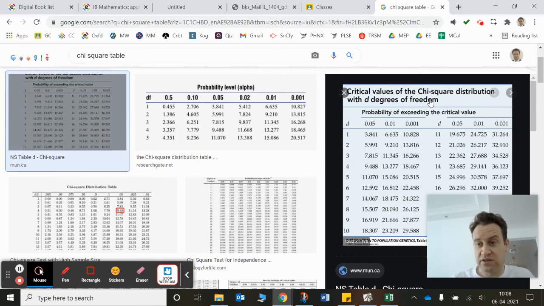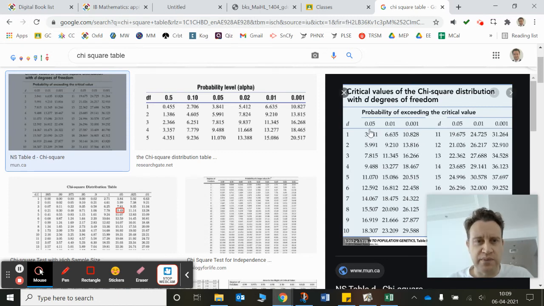So you'd need to think, how many degrees of freedom do we have? And I'll come back to that in a second. And then we need to compare our value to the critical value at a particular significance level as well.